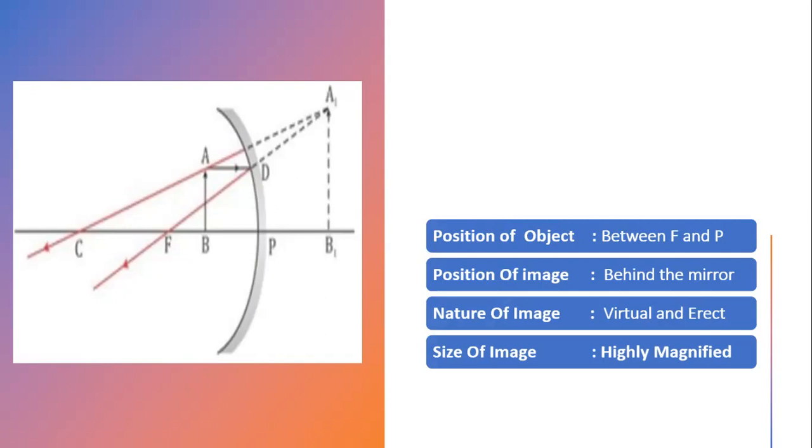Then position of object is between focus and pole. Position of image is behind the mirror. The nature of image, virtual and erect, because both the reflected light rays are not meeting. So behind the mirror, they appear to meet. Because of that reason, we will get the virtual and erect image, and size of the image is again highly magnified.